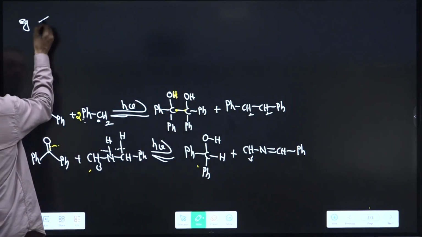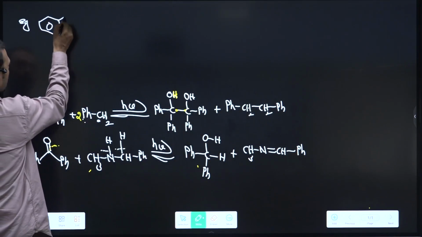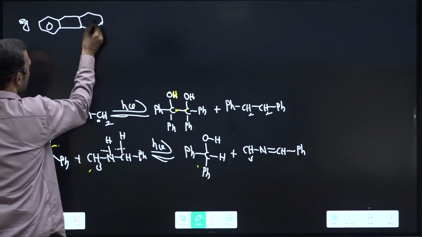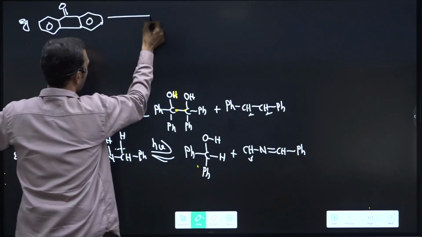You take this and predict the answer. So what is the photo reduction product of this one?